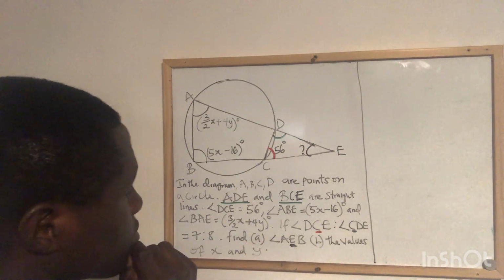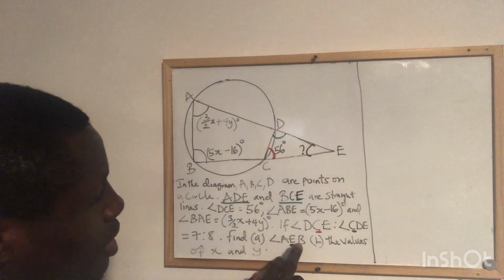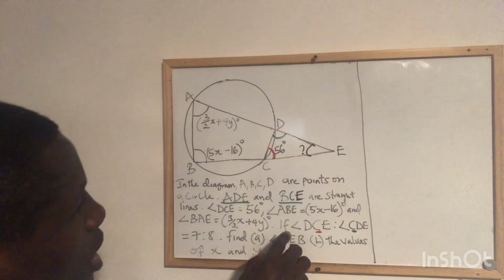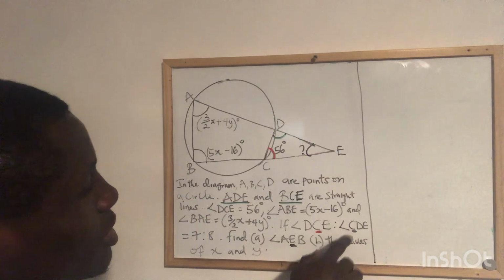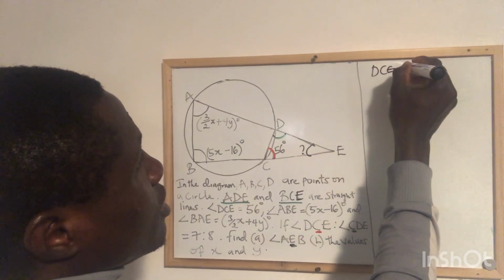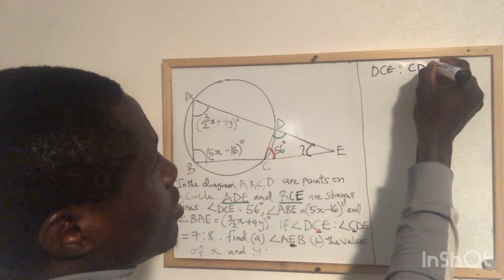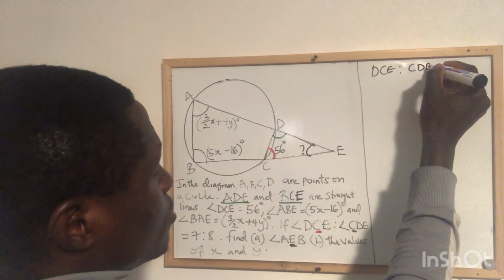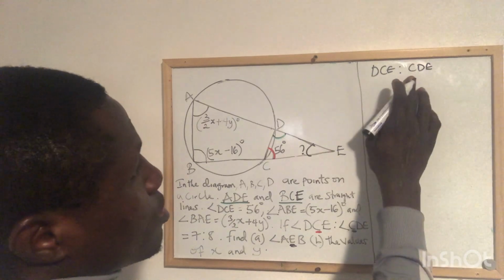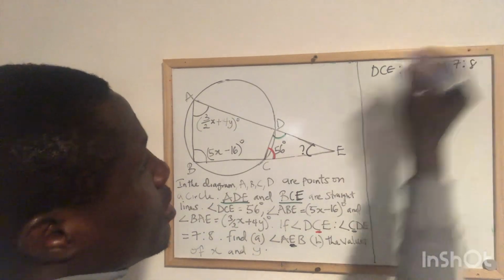The first approach here is that we are given that angle DCE is in ratio of 7 to 8 when compared to angle CDE.